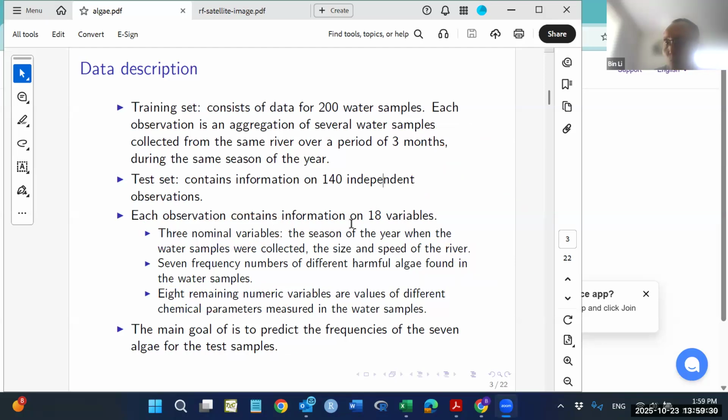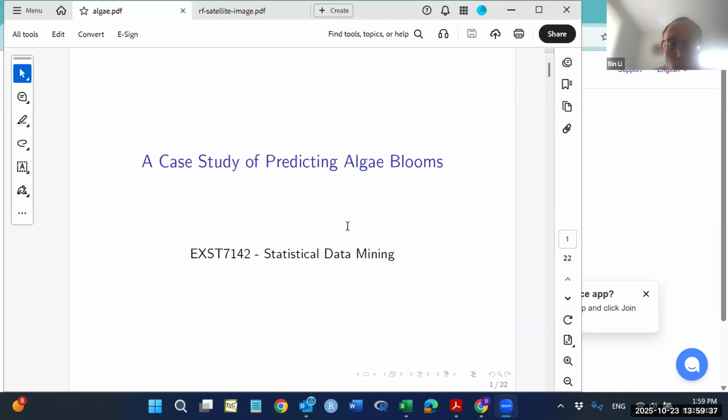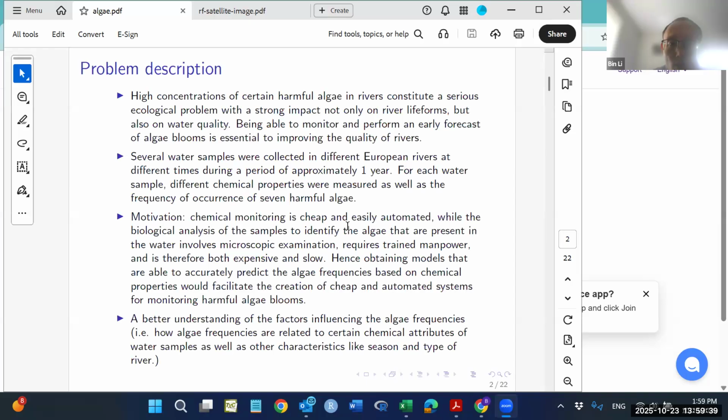Okay, so why do we need to do that? What's the purpose? The purpose is first, all these 7 algae are harmful and constitute a serious ecological problem with a strong impact not only on river life forms but also on water quality.